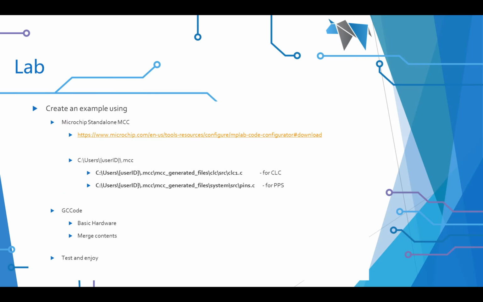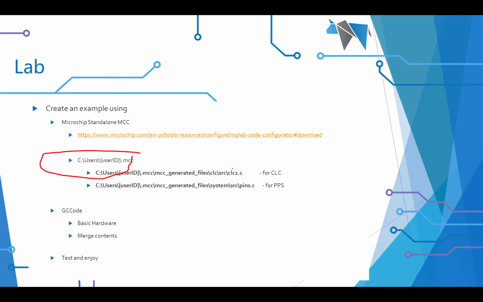I am going to show you how to use the Microchip standalone MCC, and we're going to take some files from the configuration that we've created and plumb them straight into GCBASIC. In GCBASIC, you just do the basic hardware, merge the contents, test and enjoy. It is extremely simple.